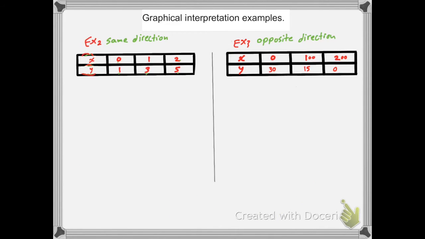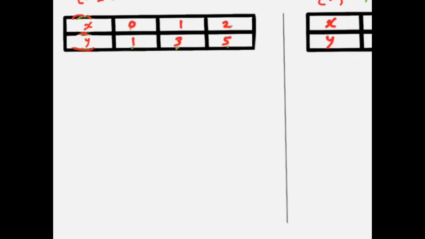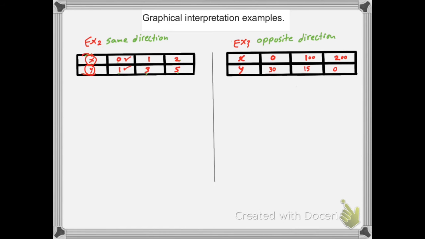Here I would like to show you some graphical interpretation for those two examples, example 2 and example 3. As you can see, for this case, I have a relation between x and y. When x equals 0, y equals 1. When x equals 1, y equals 3. And when x equals 2, y becomes 5.